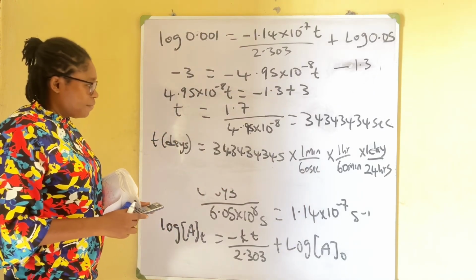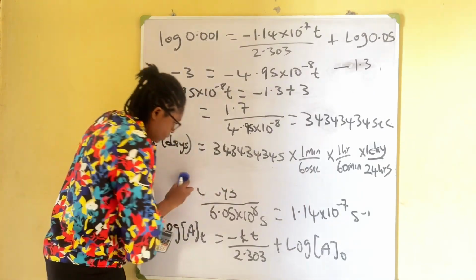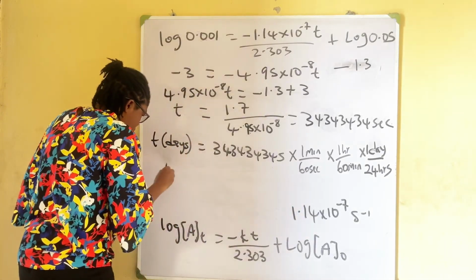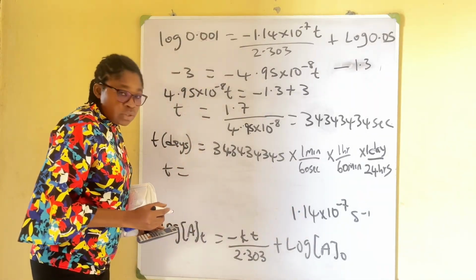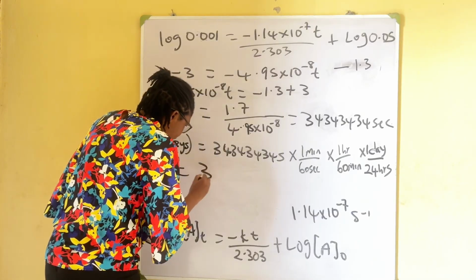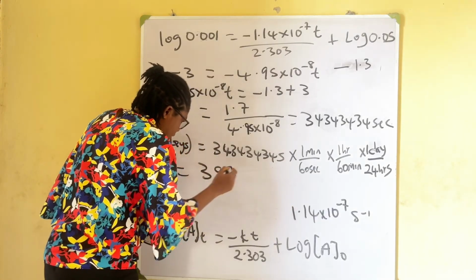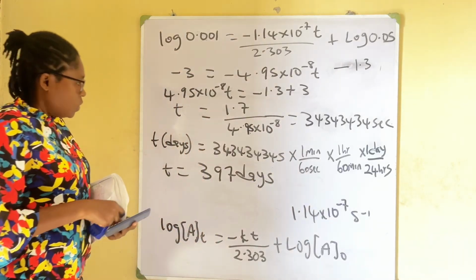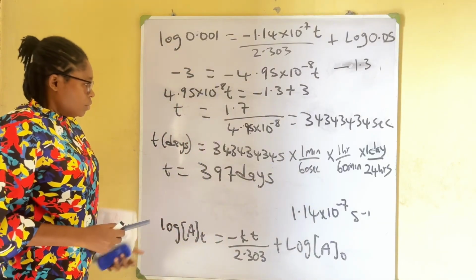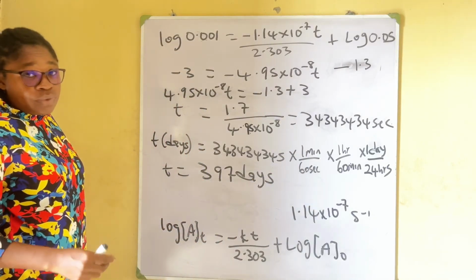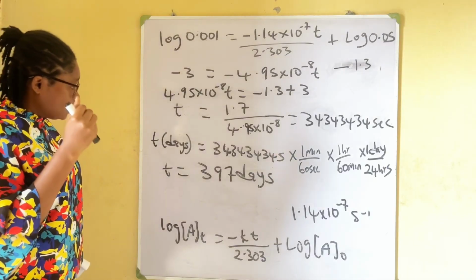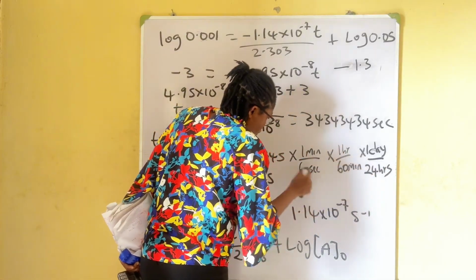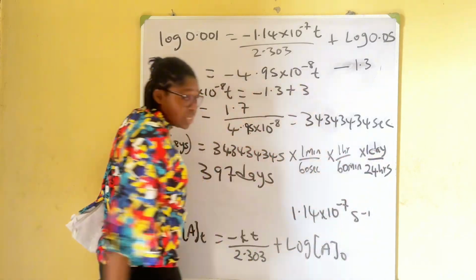So t is going to be 397 days. Okay. So just know how to do your unit conversion. Minutes will cancel minutes, hours will cancel hours, seconds will cancel seconds. You will be left with days.